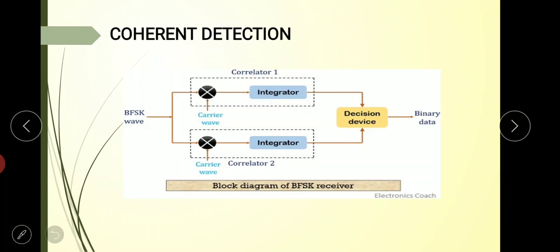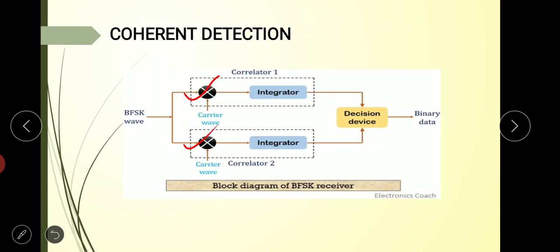So it consists of two integrators, two multipliers and one decision device. The BFSK waveform is fed to the mixer along with the two separate carriers, that is, the same carriers used previously in the transmitter section. One is the high frequency carrier, another one is the low frequency carrier.